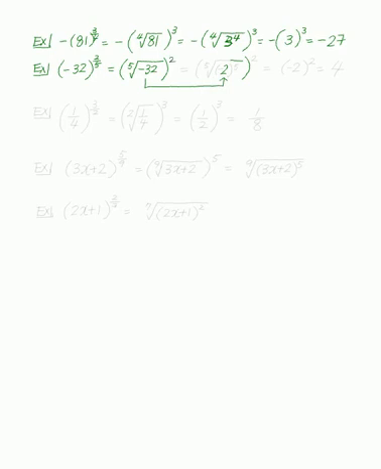When we have an odd index, like 5 in this case, it's okay to have a negative under the radical. If it's an even index, like a 2nd root or a 4th root or 6th root, we can't have a negative. We end up with complex numbers, and we're trying to avoid that. Our next step, the 5th root of negative 32 actually gives us negative 2, raised to the 5th power.